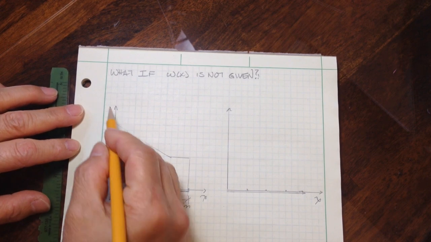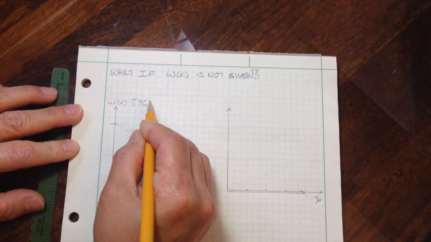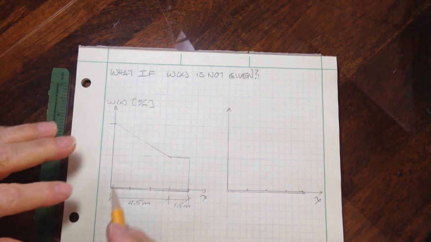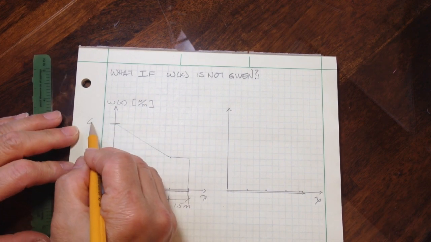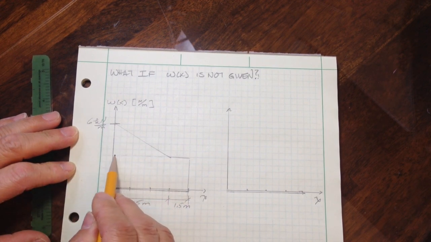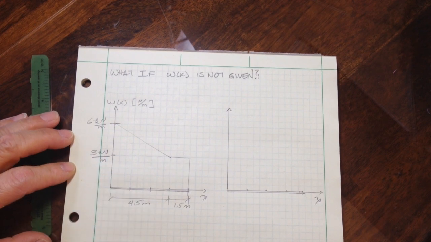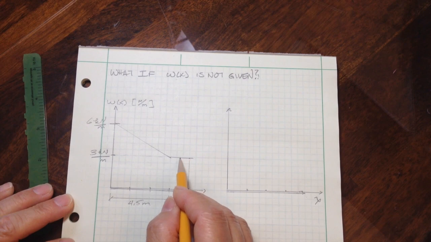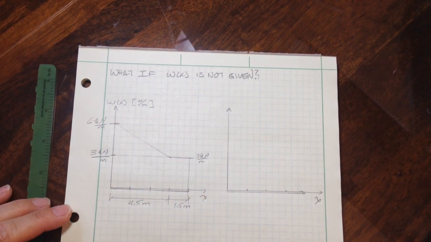So this is W of x, and it's in newtons per meter. And this value right here is actually 6 kilonewton per meter. And this value right here is 3 kilonewton per meter, right? So that's right there is 3 kilonewton per meter.